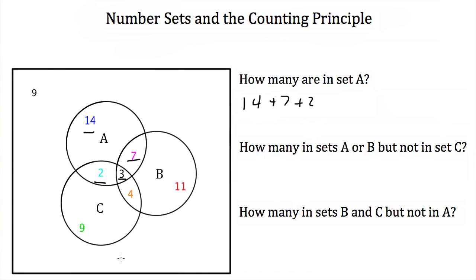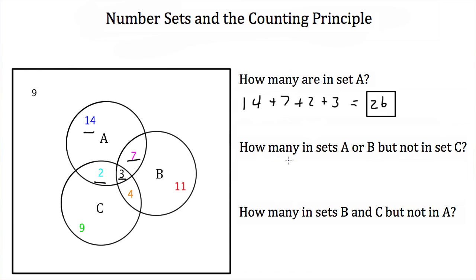And then we also have the 3 here that are in set A, B, and C. So we can add the 3 to that because those are also in set A. So 14 plus 7 plus 2 plus 3, that's 26. So apparently there are 26 elements in set A.